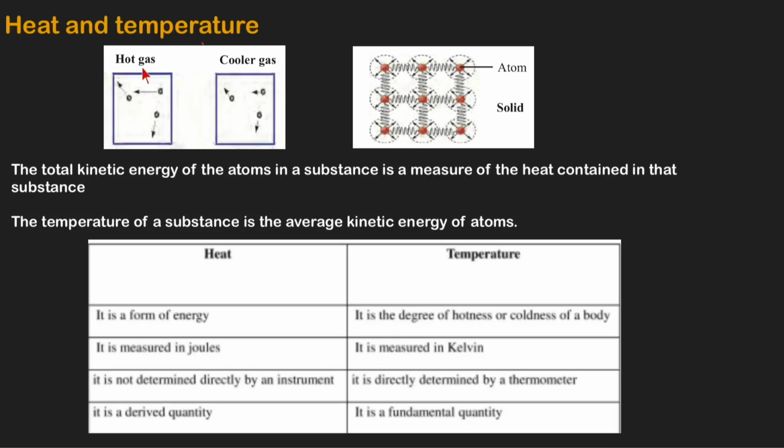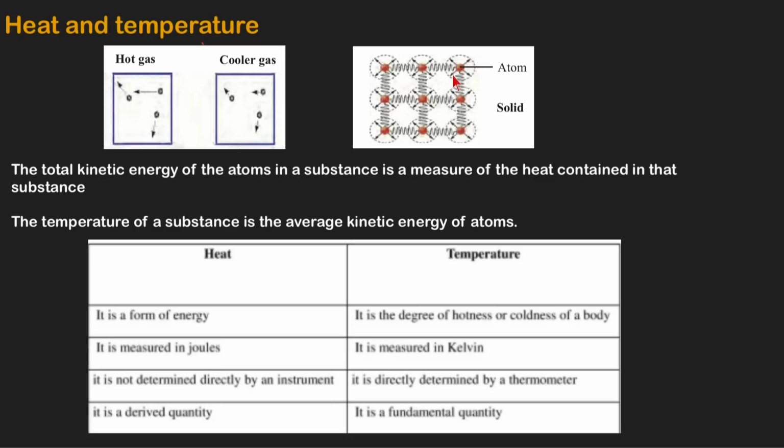If we observe the velocity in hot gas and cool gas, we can clearly see that the magnitude of the velocity in hot gas is larger compared to cool gas. Means what? Here hotness is decided by the magnitude of velocity of the atoms. That's why a hot object has maximum temperature compared to cool gas.